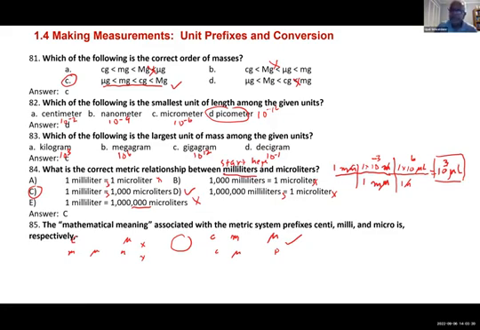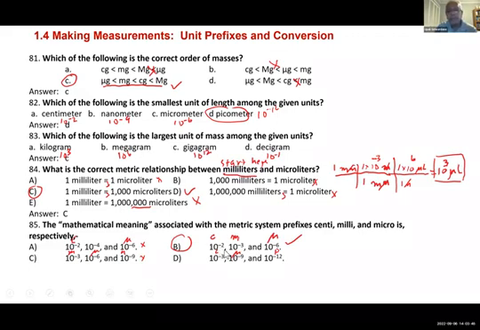Centi is cm, milli is mm, micro is μm. So this is the centi, milli, micro. That's the correct order.